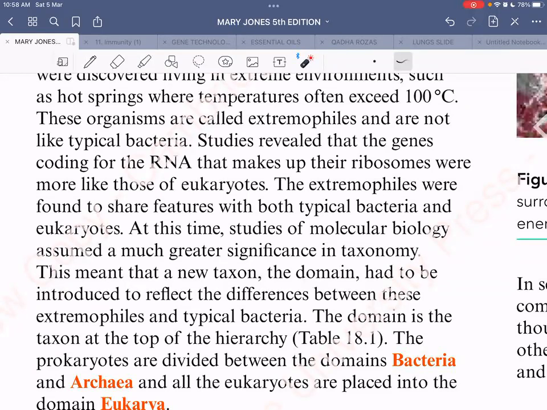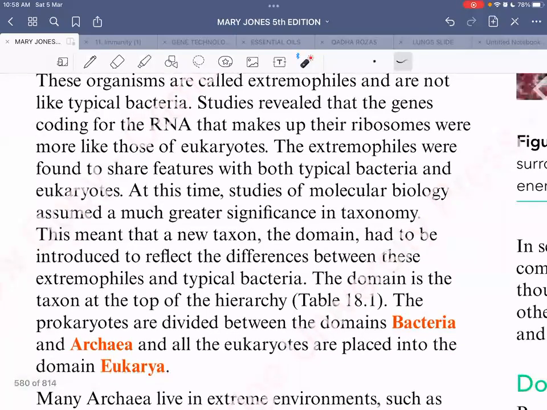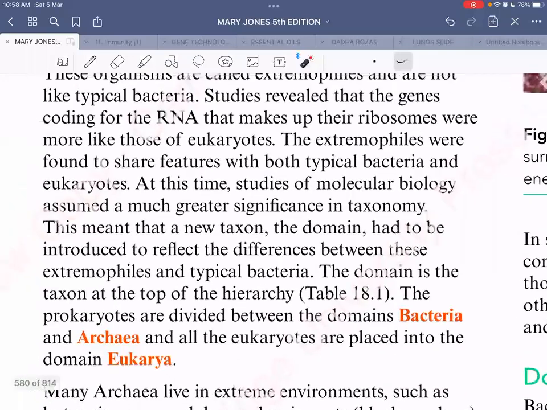And then the prokaryotes are divided between the domains bacteria and archaea, and all the eukaryotes are placed into the domain eukarya. ठीक? सबसे टॉप हायरार्की पे जो टैक्सन है वो क्या है? आपका ये है डोमेन, ठीक है? फिर prokaryotes are divided between the domains bacteria and archaea, and all the eukaryotes are placed into the domain eukarya. ये समझ आ रही है बात या नहीं?